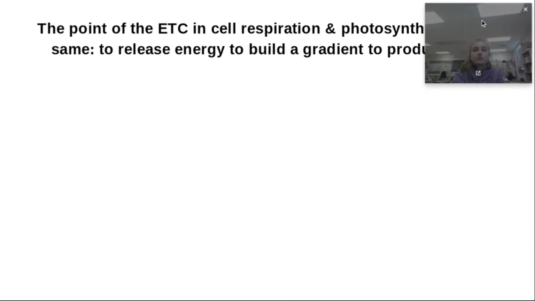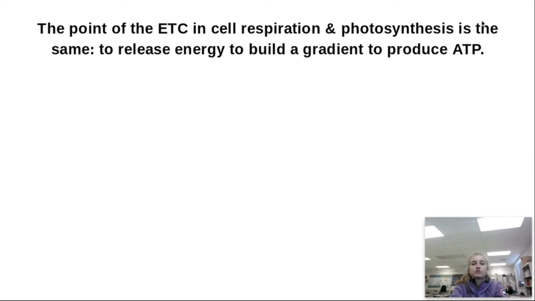So the point of the electron transport chain in cellular respiration and photosynthesis is the same. It's to release energy from those bouncing electrons to be able to power the active transport proteins to build that hydrogen ion gradient to in turn produce ATP.